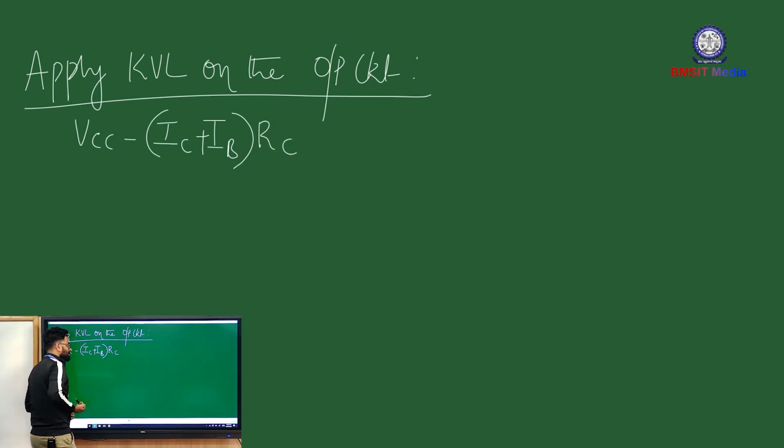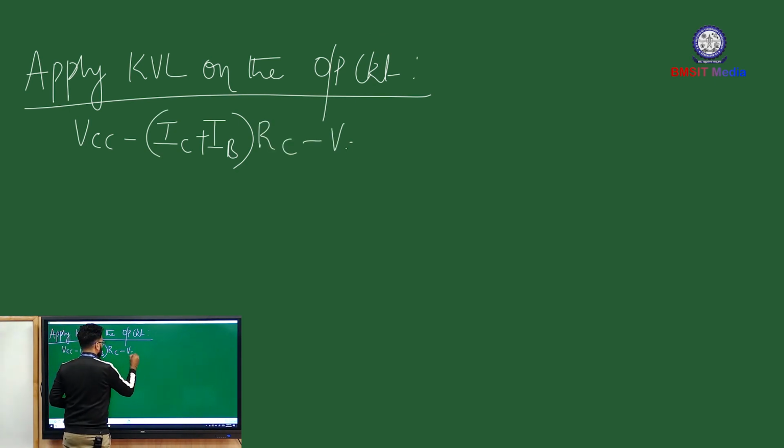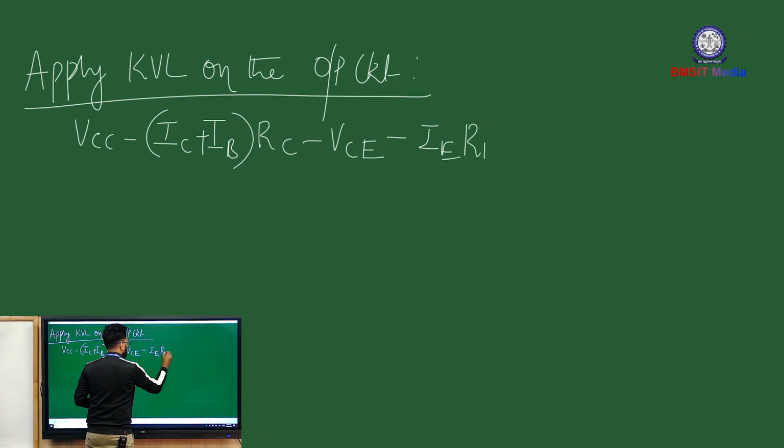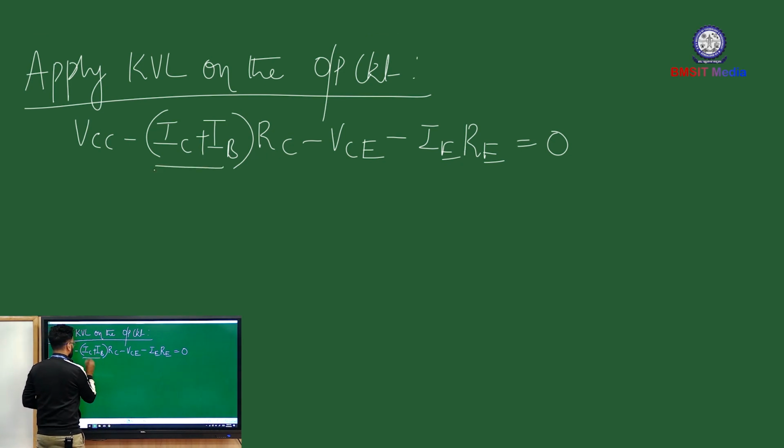So this is your collector resistor drop, followed by collector to emitter transistor voltage, followed by IERE drop is equal to 0. So on the output side, IC plus IB gives IE, right?